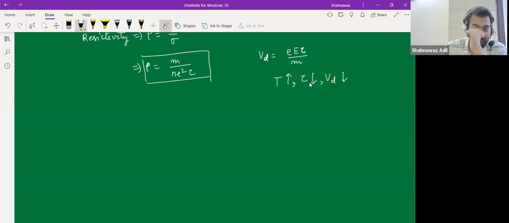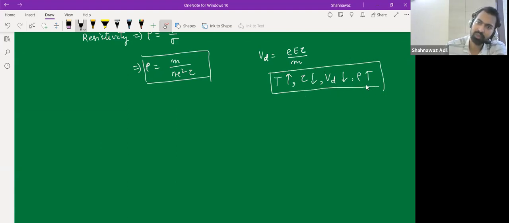And when I increase the temperature, the relaxation time decreases, and my resistivity will increase. So these are the things that we can tell about the temperature. We'll talk about the temperature dependency next.